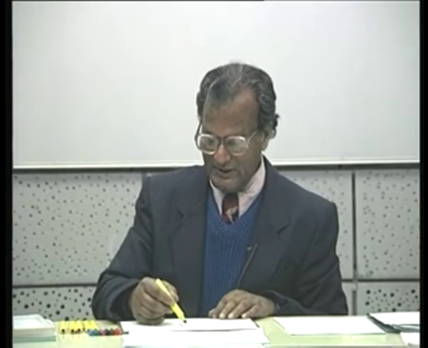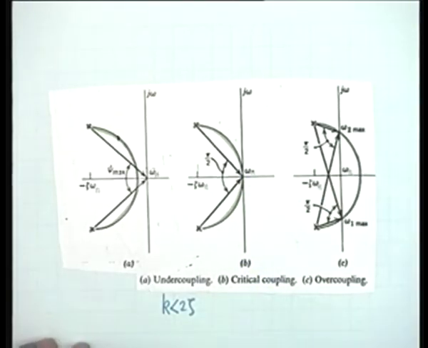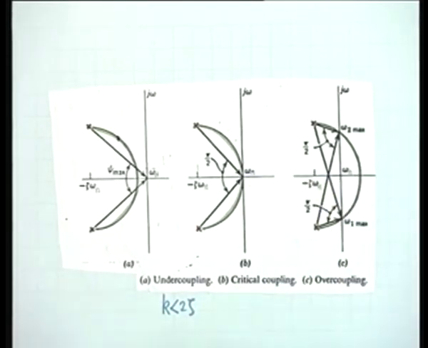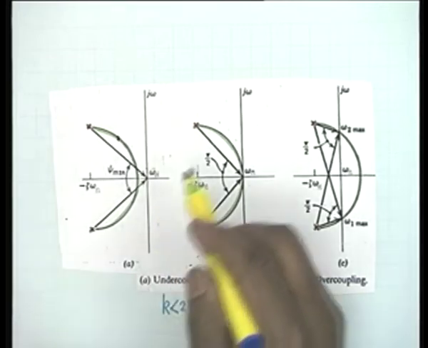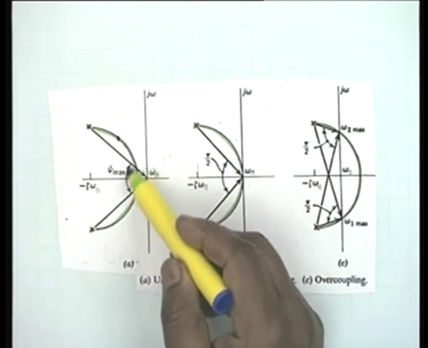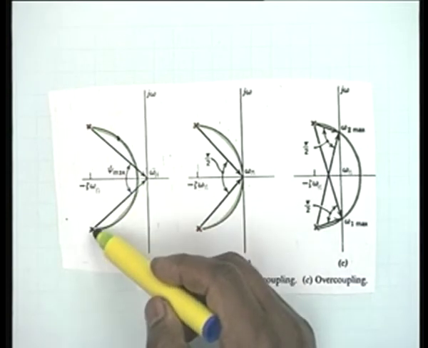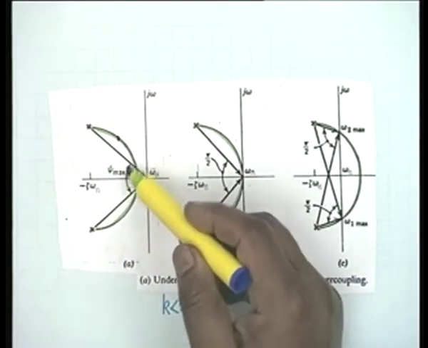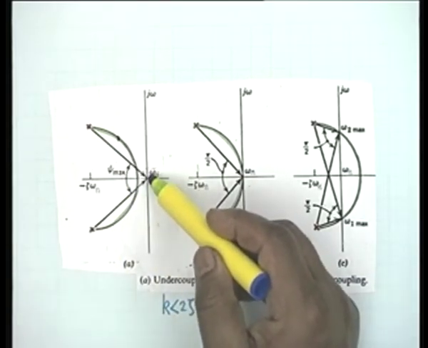Now the situation changes when the peaking circle just touches the j omega axis, and this touching must be at omega n. One more point. You can easily show by geometric construction that the angle psi between the two vectors m1 and m2 is highest at omega equal to omega n.